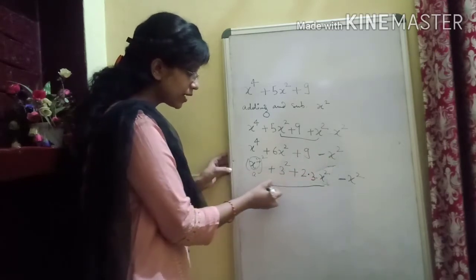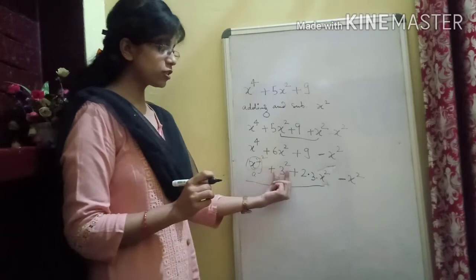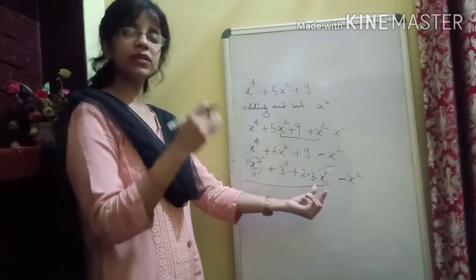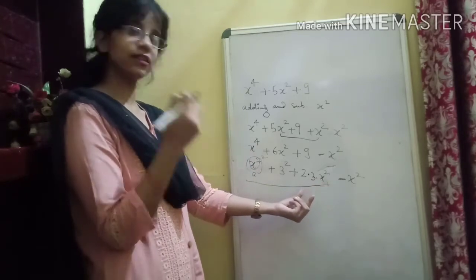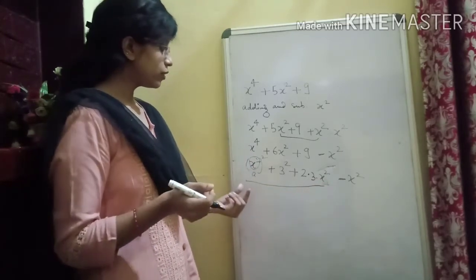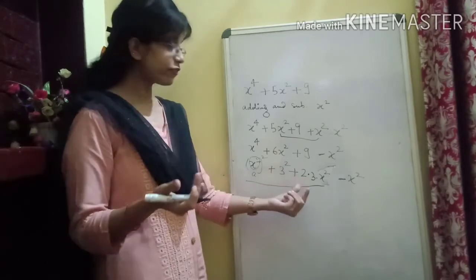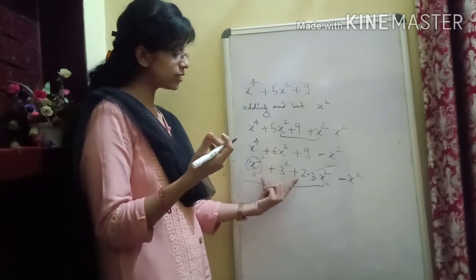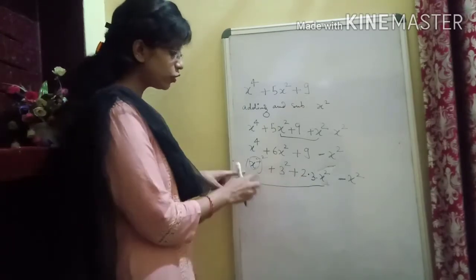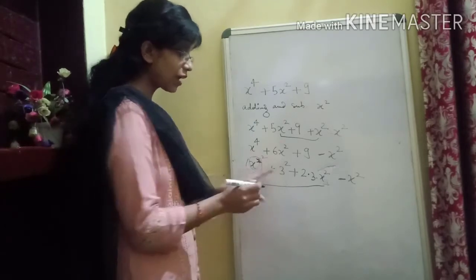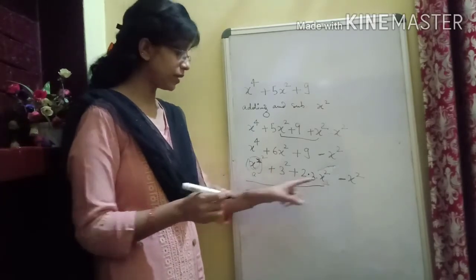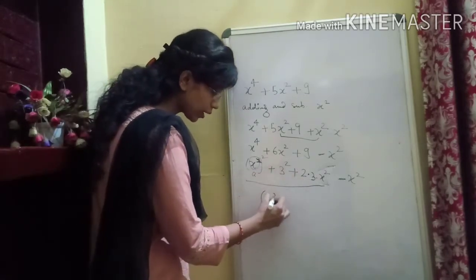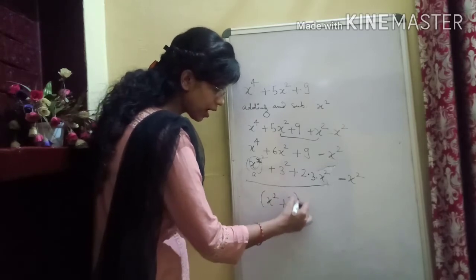So this term is similar to a square plus b square plus 2ab, which by the identity is a plus b whole square, which is the perfect square of a plus b. So, you can use the identity at this place, a plus b whole square, where your a is x square and where your b is 3 and then 2ab. So at this place we can write a plus b, where your a is x square plus your b is 3. Are you getting this?